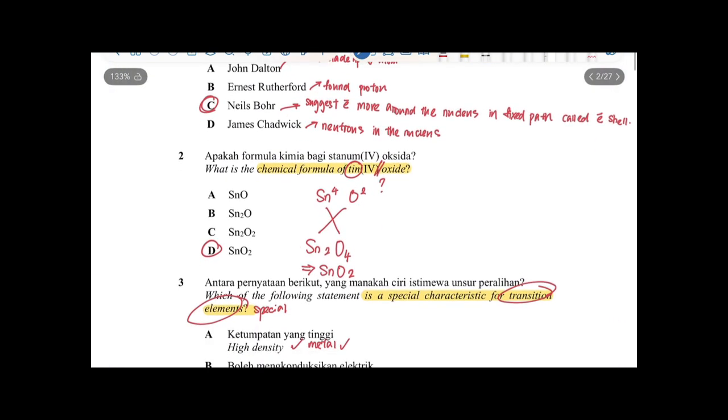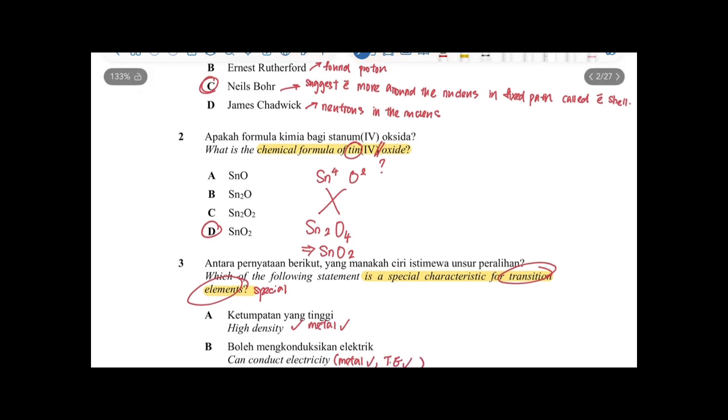Okay, next. Question 2: what is the chemical formula of tin(IV) oxide? For your information, when we want to write a chemical formula for a chemical compound, we look at this. This question is tin(IV) oxide. The chemical symbol for tin is Sn, and this 4 means that it is the oxidation number for the tin.